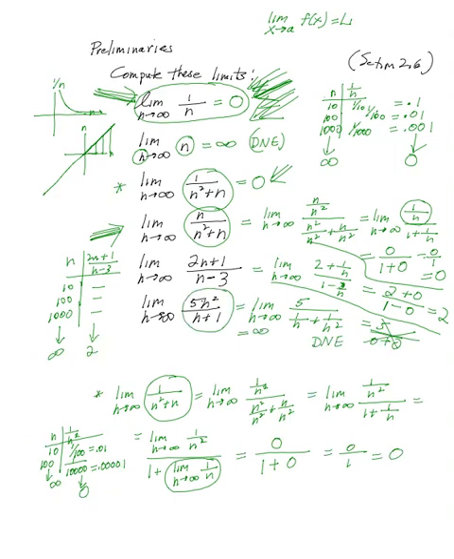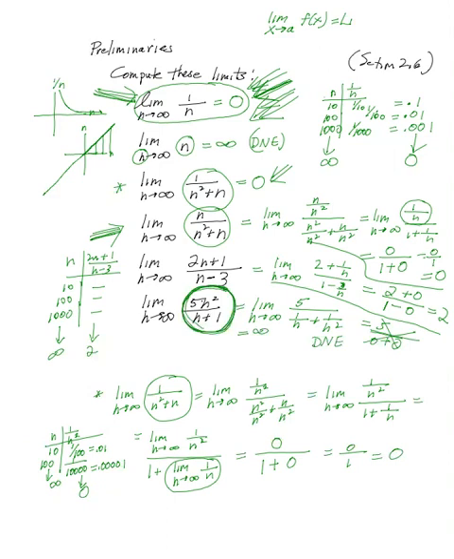The limit doesn't exist, but the way it doesn't exist is that these numbers are getting bigger and bigger and bigger. So we describe that by saying the limit's infinity, even though the limit doesn't exist.